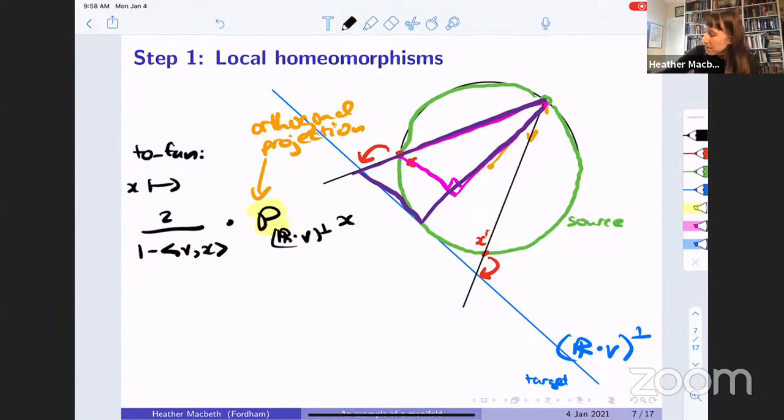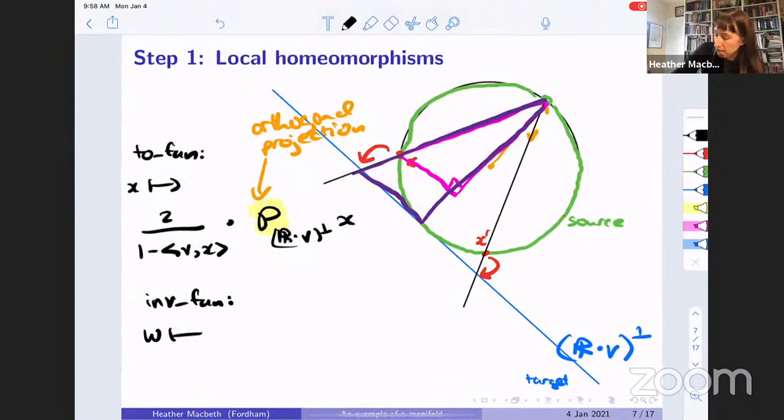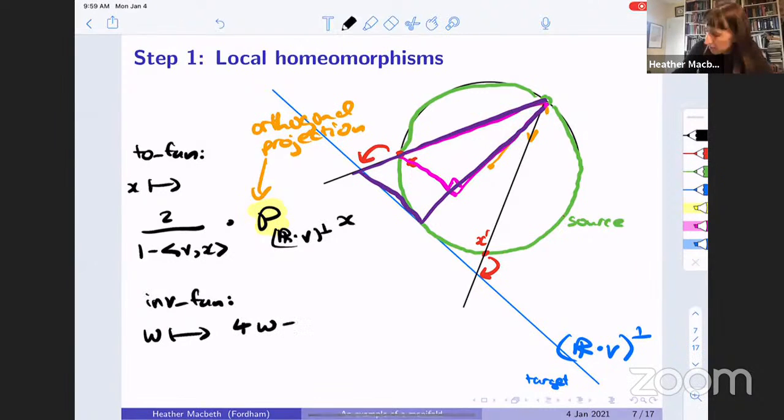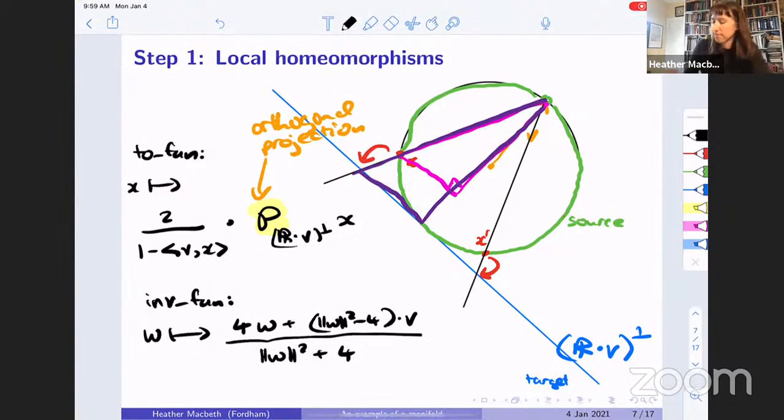And then we also have a formula for the inverse function. If I have a point w, which now is in the orthogonal complement, I'm going to send it to something which I can cook up by experiment and whose main feature is that it turns out to be a unit vector, namely 4w plus (norm squared minus 4) times v, all over norm squared plus 4.